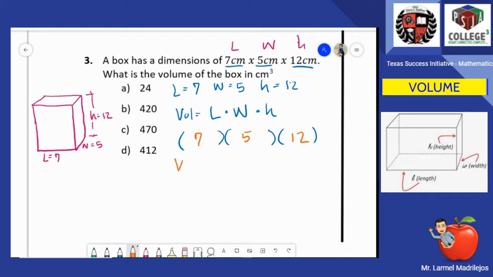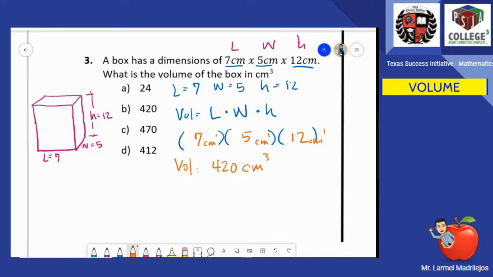So the volume is 420. Remember that this is centimeter, centimeter, centimeter, so 1, 2, 3 centimeter cube. If you multiply the unit, you add the exponent. So the answer is letter B.